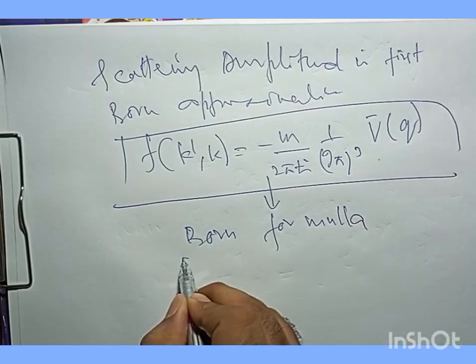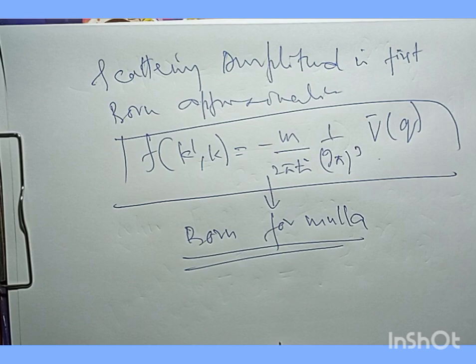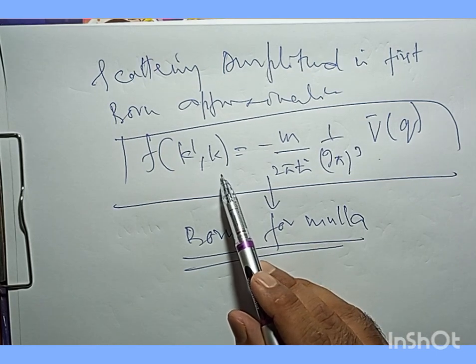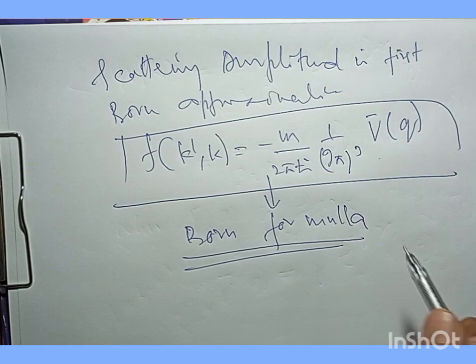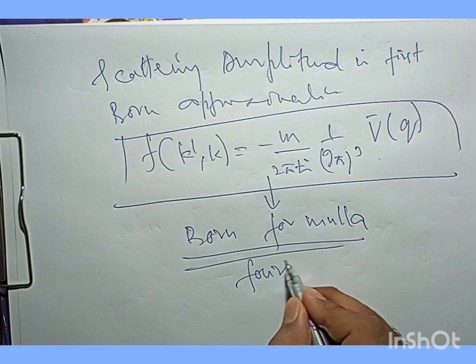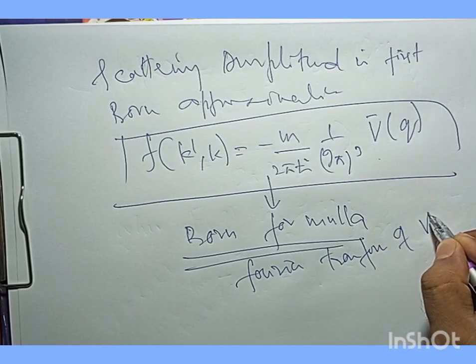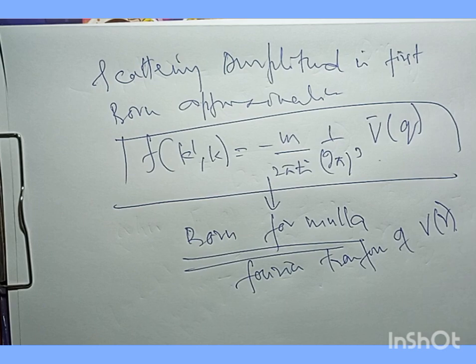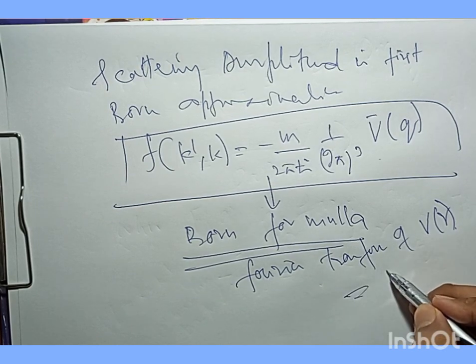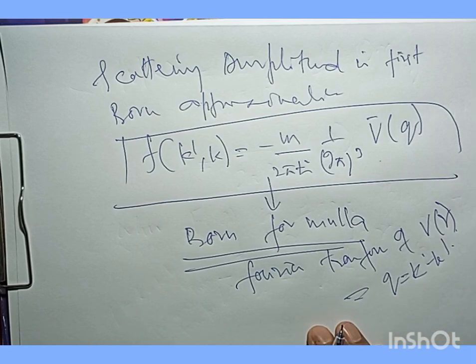This Born formula basically expresses the scattering amplitude as the Fourier transform of the potential V of r, evaluated at the momentum transfer. And what is that? q is k minus k dash.